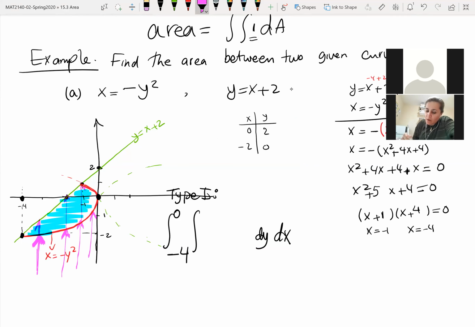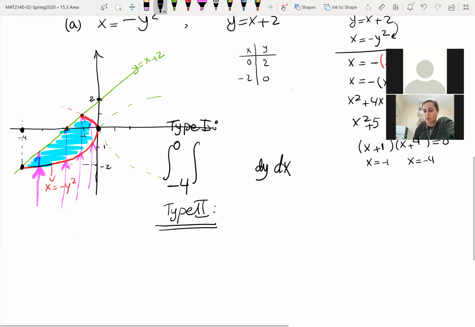Do you see the problem? Your friends all said it is type 2, not type 1. It is not easy to write it in type 1.